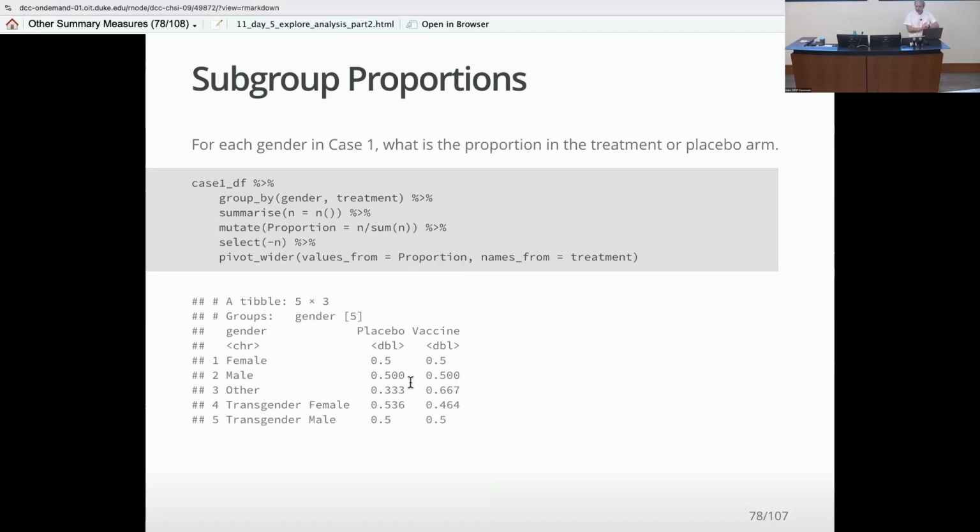So if we want to break out case study one by treatment by gender, we can look at the different gender classifications and ask, what percentage of people who identify as female got placebo versus vaccine? What about for people who identify as male? What about people who identify as transgender female, transgender male, or other?